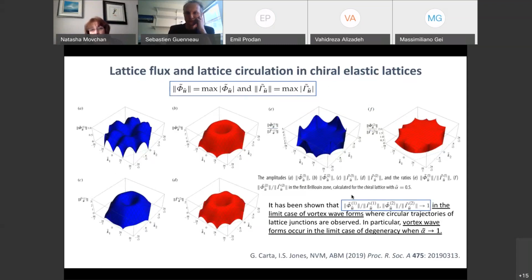For this, we need to look at the ratios of the lattice flux and lattice circulation amplitudes and find the points where these ratios on each surface tend to 1. And it happens that, in particular, in the limit case of degeneracy when alpha tends to 1, we have these vortex waveforms, which occur almost everywhere.